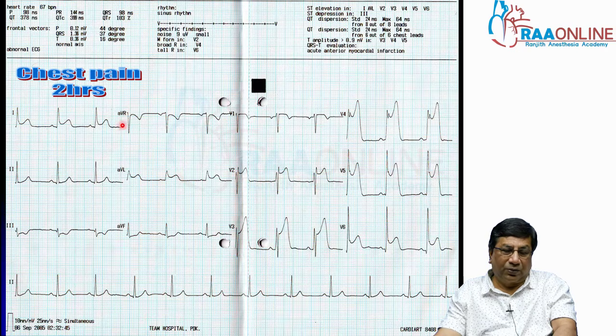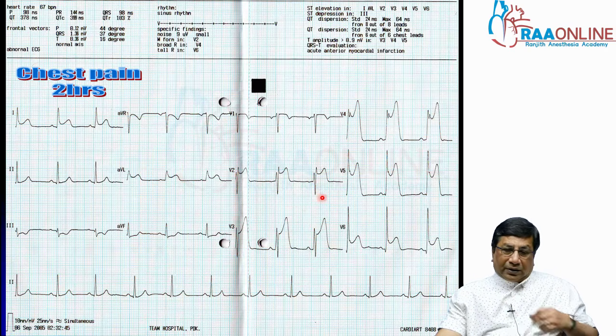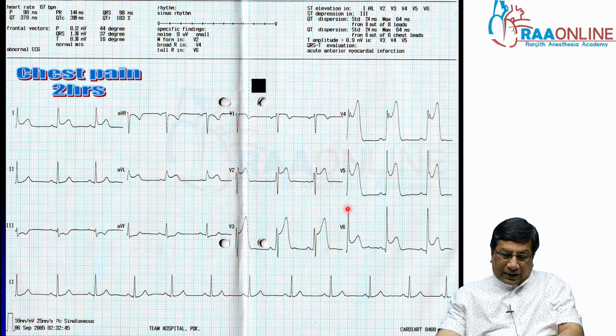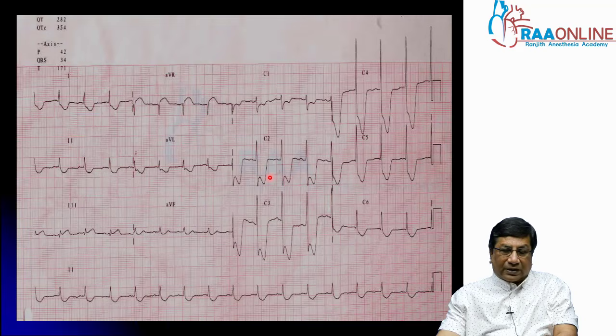This means probably the patient has either total occlusion of the left anterior descending artery and left circumflex, or he may have an occlusion of the left main itself, which will present with injury in both areas supplied by the left anterior descending and left circumflex artery. So here we know, because it's a red thrombus, we have to do either primary PCI or thrombolysis.